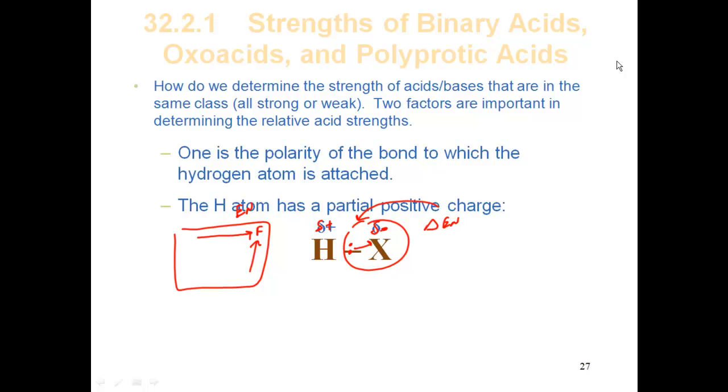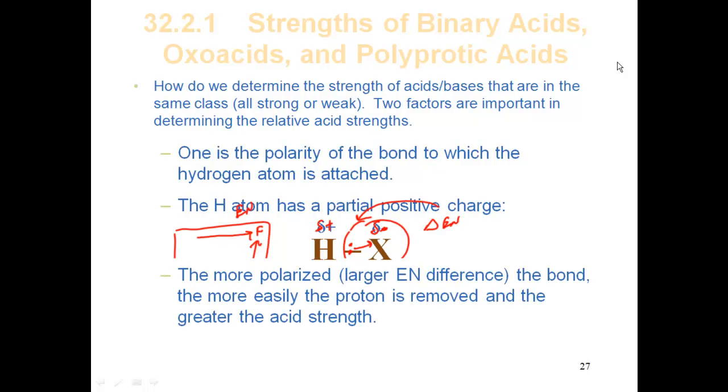As electrons are drawn more and more to that X species, it's going to weaken that bond more and more, and it's going to be easier to pull off that hydrogen. So the larger that electronegativity difference is, the weaker that bond is, the easier it is to pull off that hydrogen, the more acidic it's going to be.